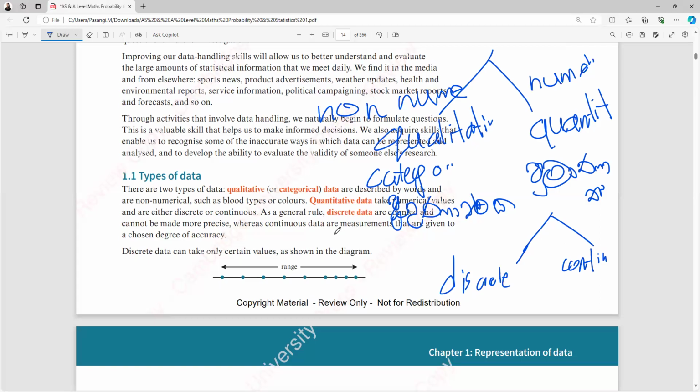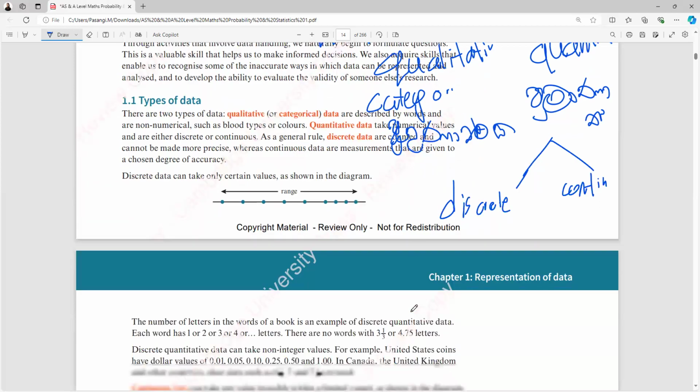As a general rule, discrete data is data we can count, like 1, 2, 3, 4, 5, with whole numbers. Continuous data, such as weight and height, come under continuous data.